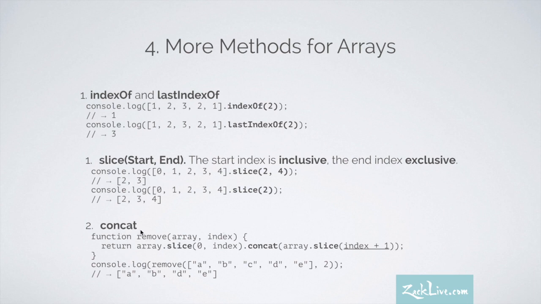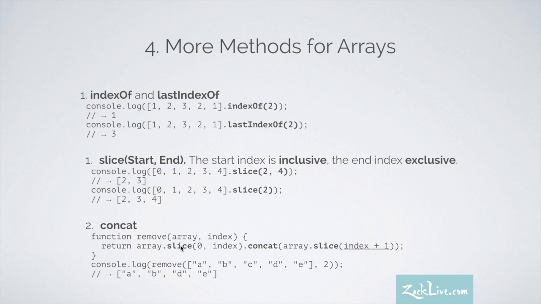Concat is short for concatenate. It combines two strings. Here is an example. We create a remove function. It takes an array and an index. So we slice the array from the beginning to the index that's passed to us, and then we concat it with the slice of itself from the index plus 1 to the end.